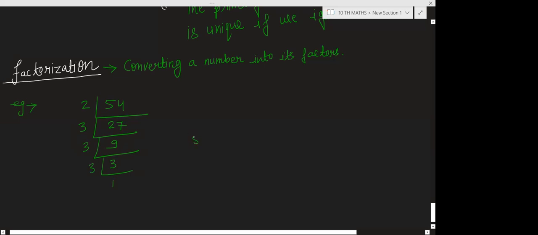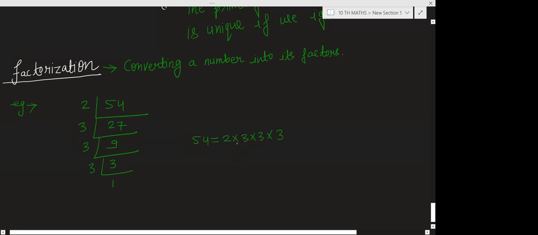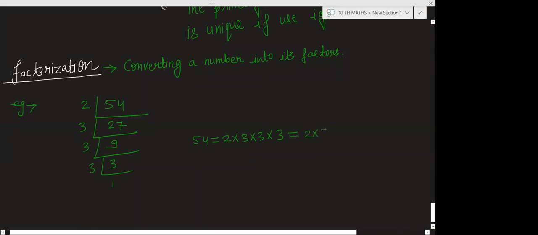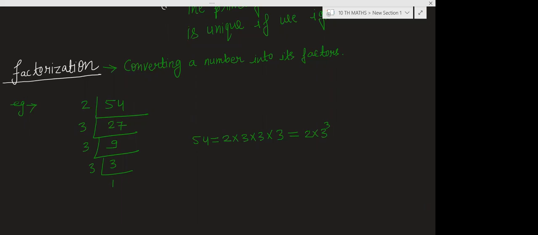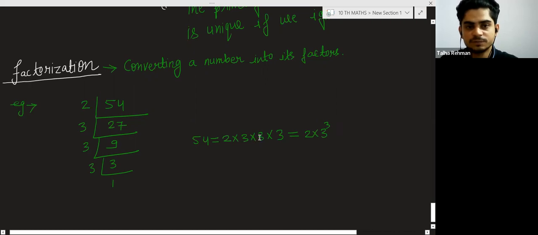So I can write 54 into its prime factors like 2 into 3 into 3 into 3. These are the factors, but these are the prime factors. Okay, so I can write this as 2 into 3 to the power 3. So this is a way of prime factorization.